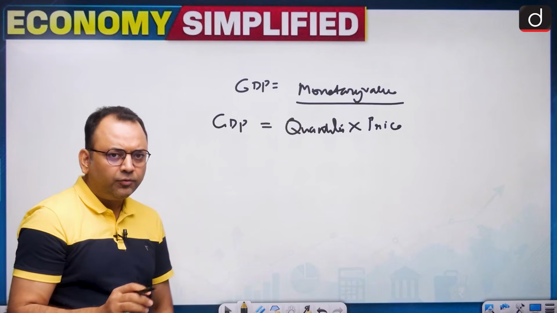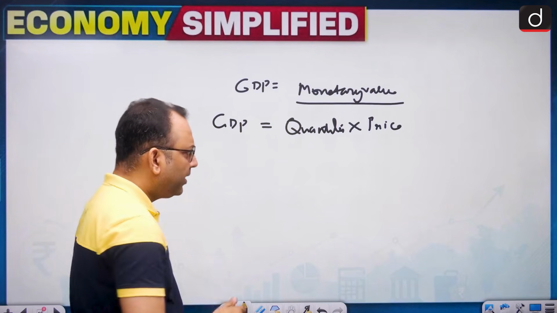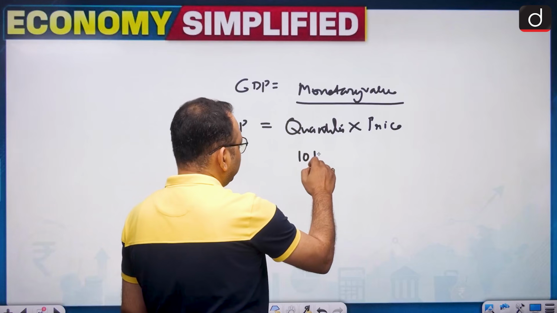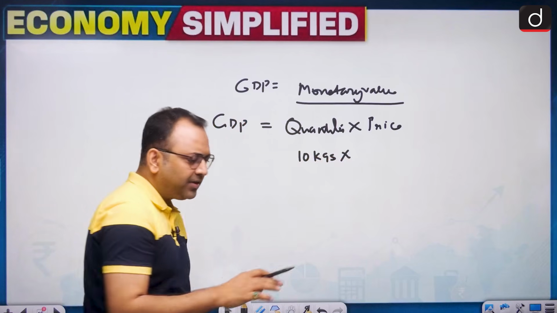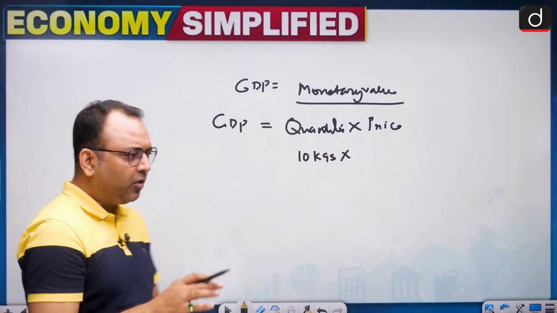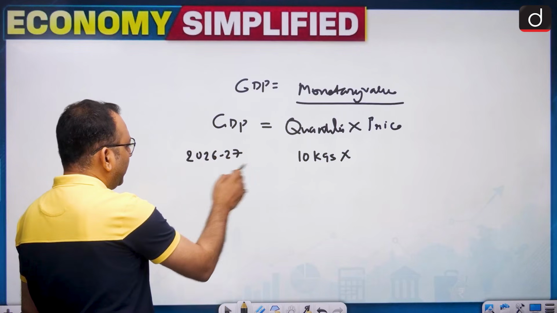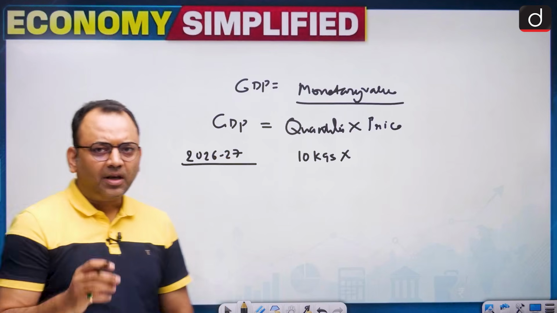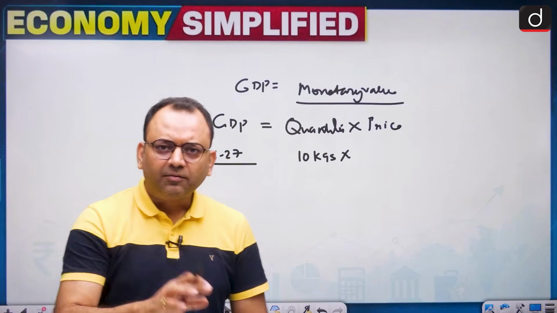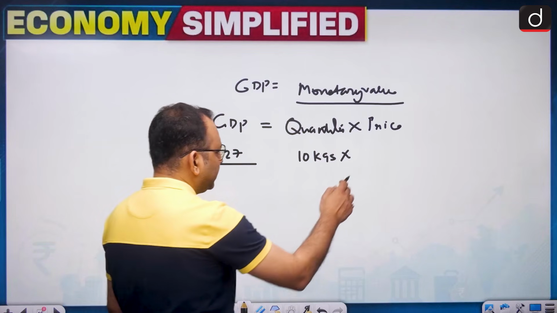Assume that we produce wheat of 10 kgs, and for the year 2026-27 the production is 10 kgs and the price of the wheat was, say, 20 rupees per kg.